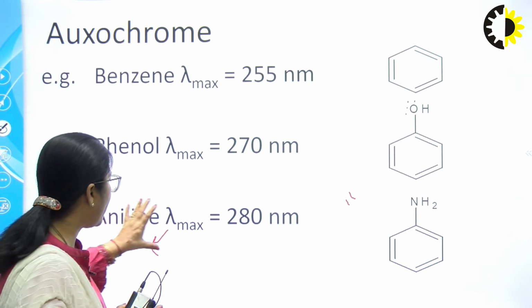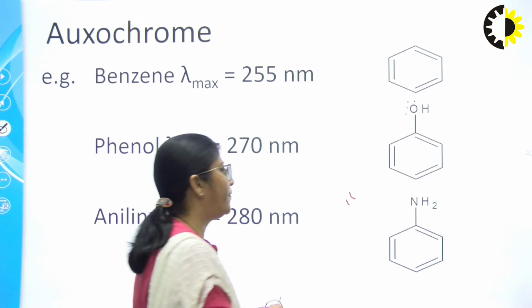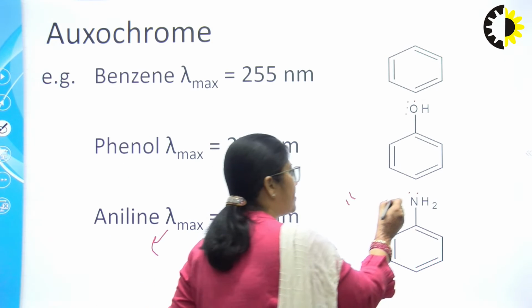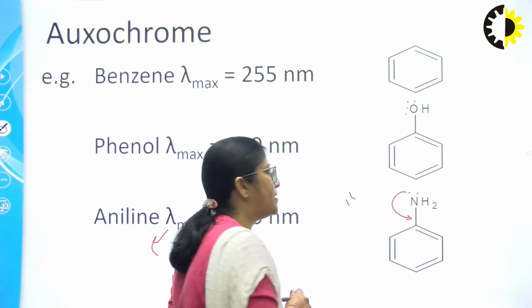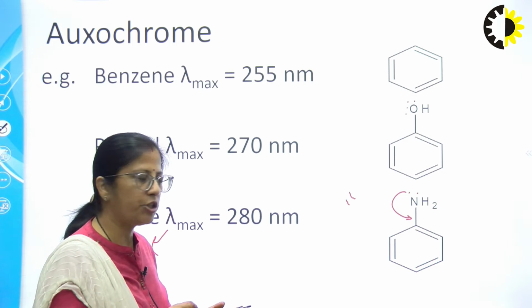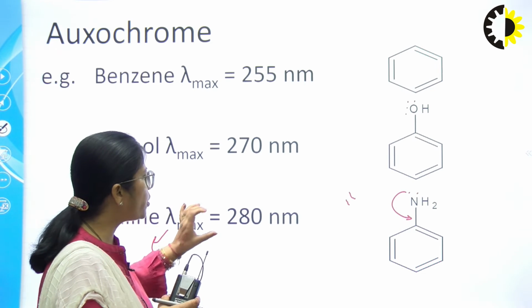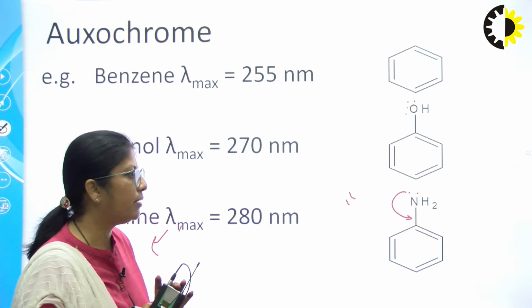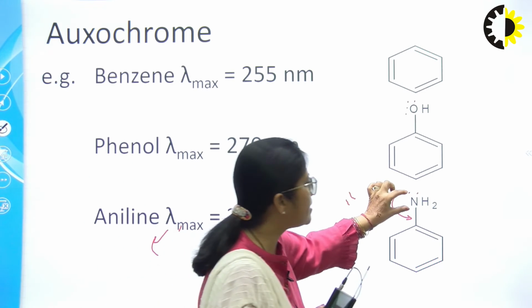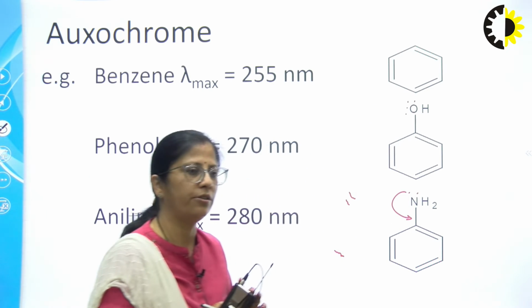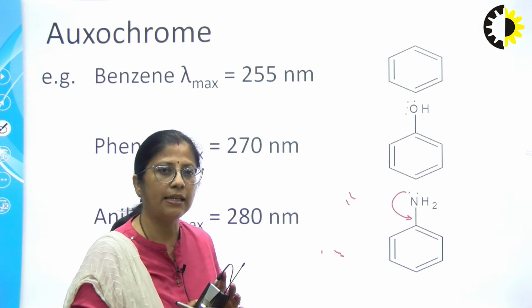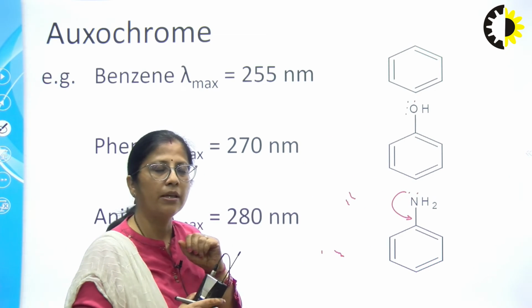And in case of aniline, the value of lambda max further increases. Again, nitrogen is capable of involving its electron in the conjugation. The lambda max also increases from 270 to 280 nanometer. The reason being, since nitrogen is less electronegative than oxygen, it is going to release its electron easily in comparison to the oxygen.